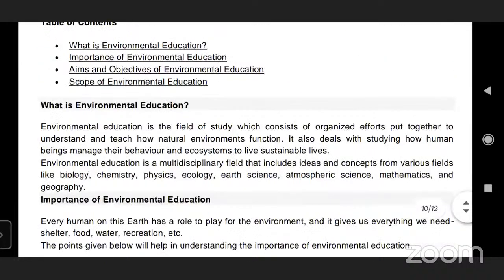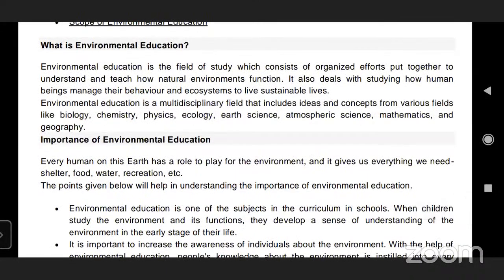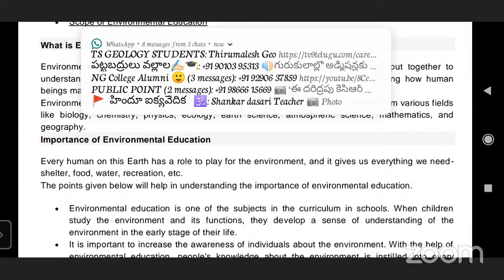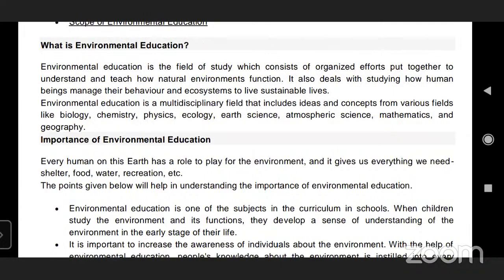So as we know, what is environmental education? Environmental education is a field of study which consists of organized efforts put together to understand and teach how natural environments function.